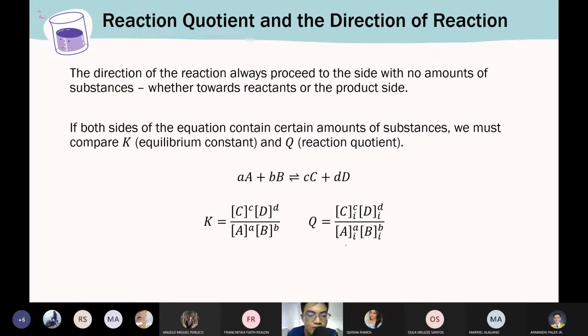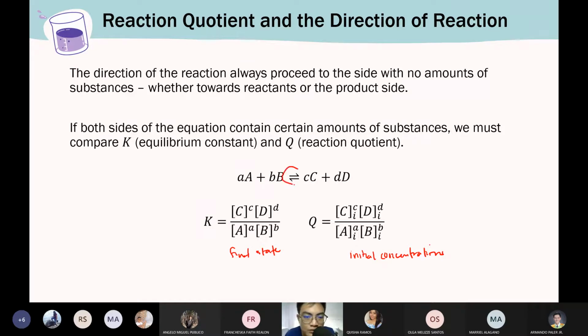These are their initial concentrations, and this is the final state. So, the initial state and the final state. And depending on the value of Q relative to K, you can know which direction the reaction is going.